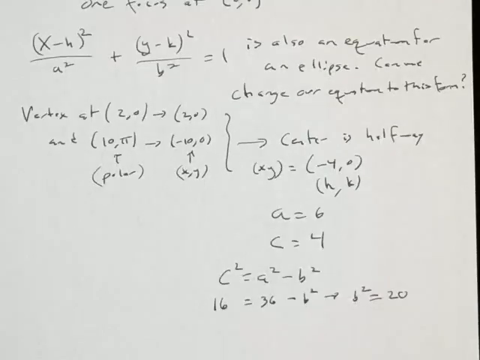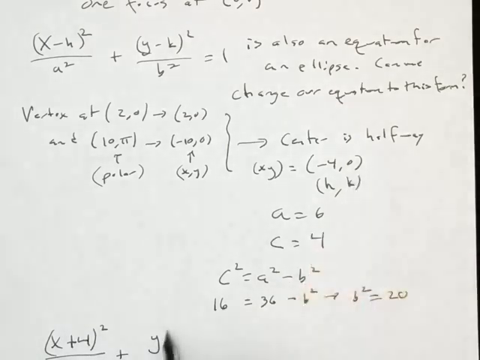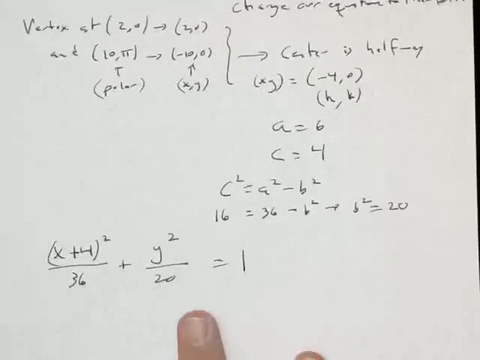Because to put it in the equation, I don't need B, I need B squared. I now have everything I need to write the equation in X and Y. X minus H squared over A squared plus Y minus K squared over B squared equals 1. Ta-da!